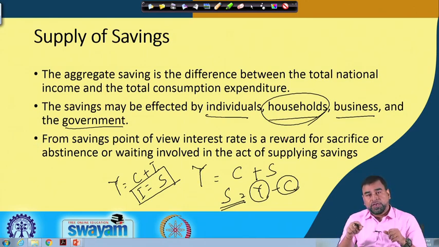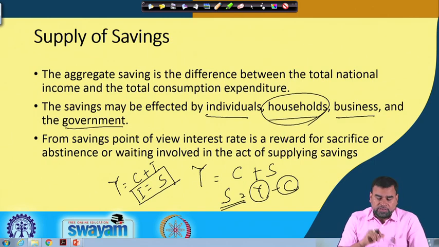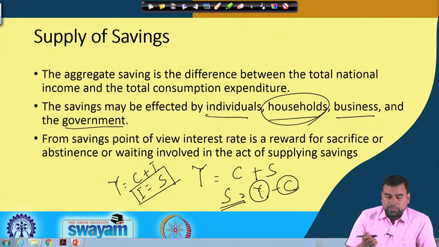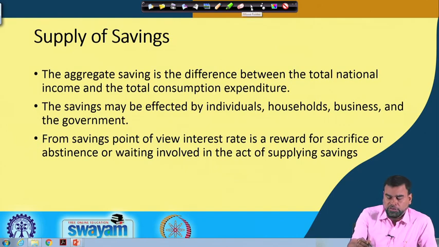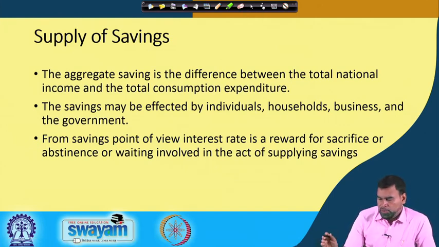But instead of consuming, they are saving. Why? Because they expect to get some return out of the savings, which is the interest rate. So, if the interest rate is increasing, obviously the supply of savings will be more. In that sense, interest rate is also determined from the saver's point of view, and the supply of savings increases once the interest rate increases.